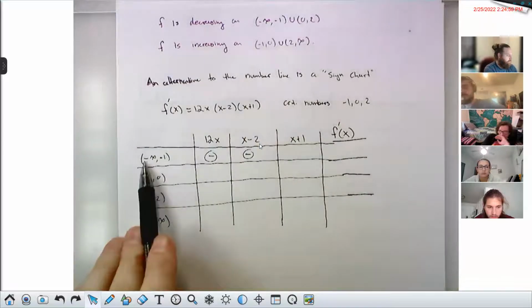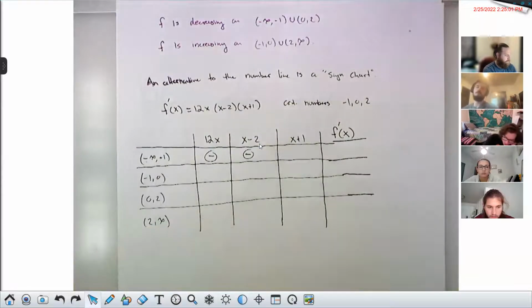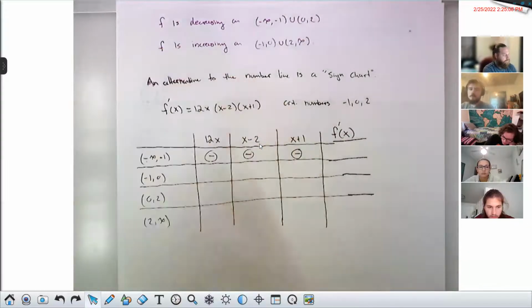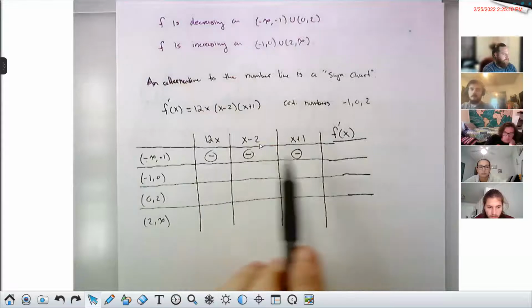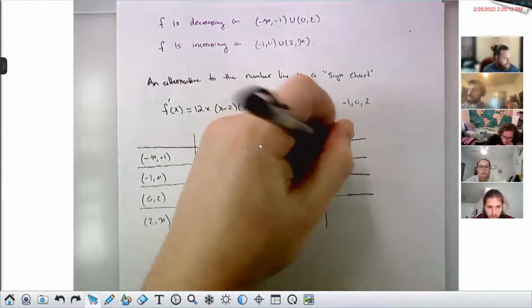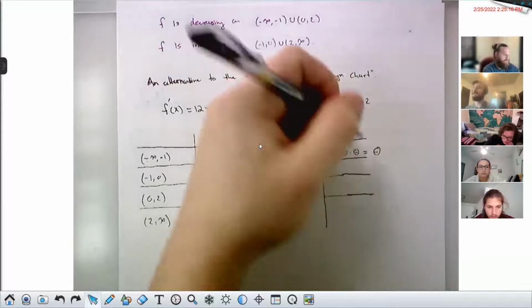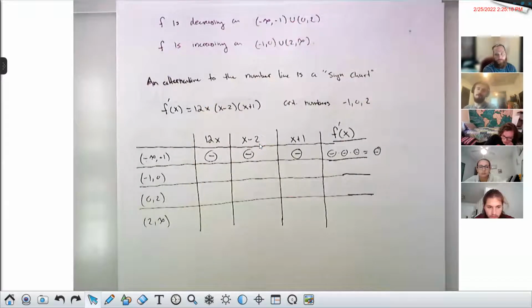And from -∞ to -1, x plus 1 is also going to be negative, right? Like imagine plugging in -3 or -2. So if you take this product, negative times negative times negative, you're going to get out a negative. And we do this for each interval.